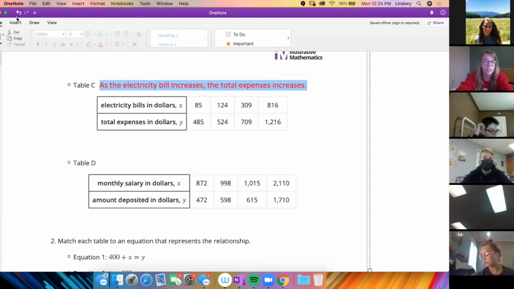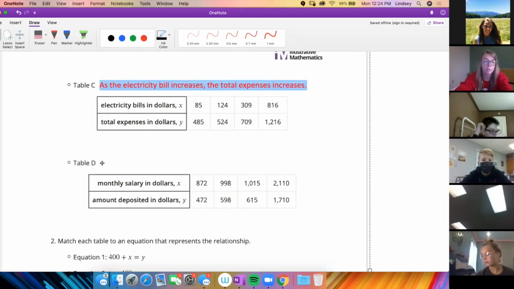All right, now let's look at D. What's happening in table D? I said as the monthly salary increases, the amount of deposit decreases.